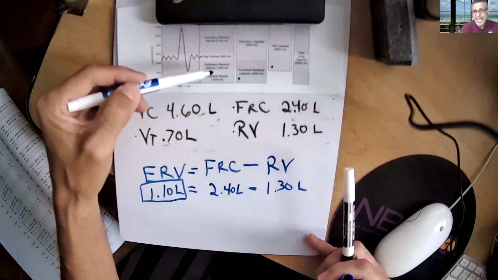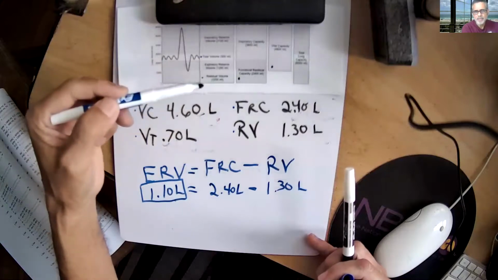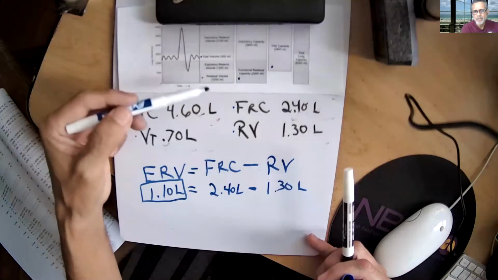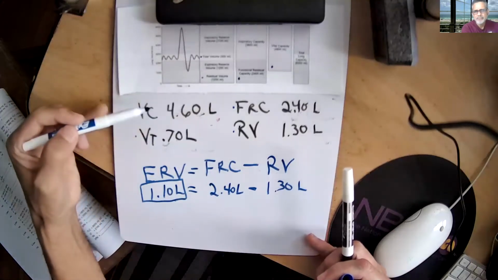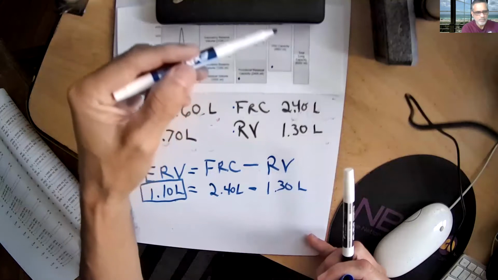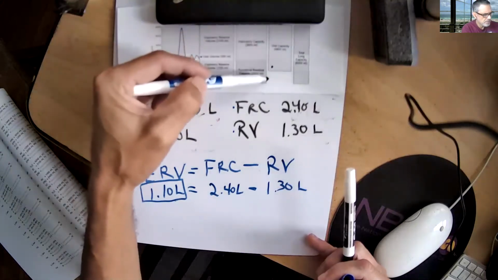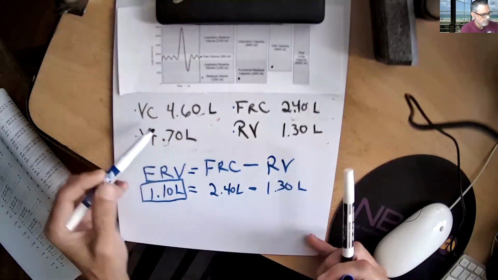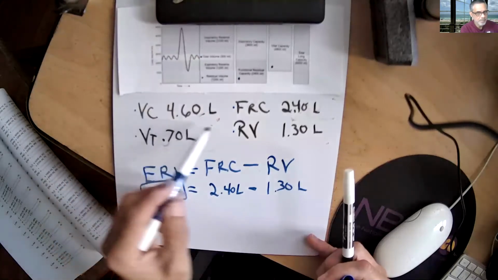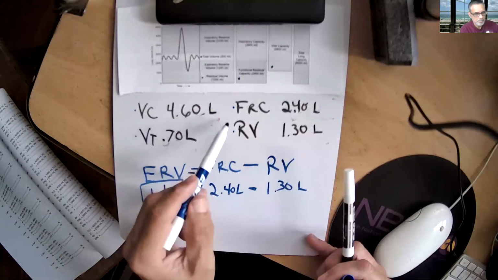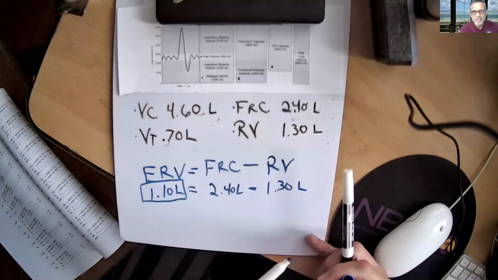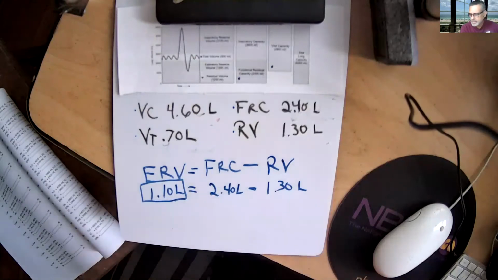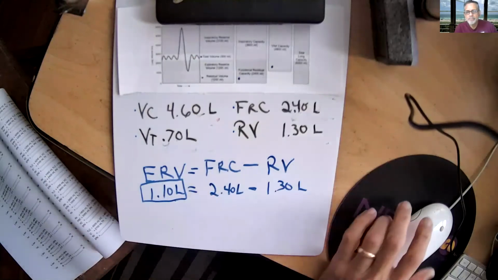I would be adding too much, so it over-exceeds the total lung capacity. What if I did the vital capacity? Here is vital capacity, and it looks like all I'm missing is the residual volume. Oh, there it is. I could make the equation by adding vital capacity and residual volume to get the total lung capacity, and so on and so forth. So you'll get a chance to practice and look at those pieces. All right, thank you.